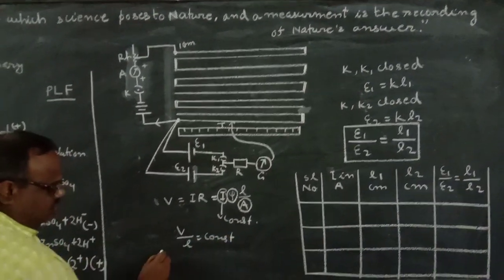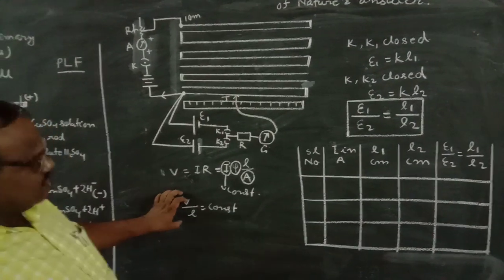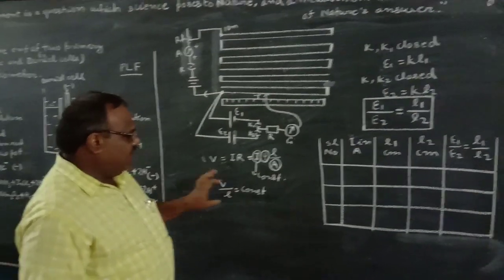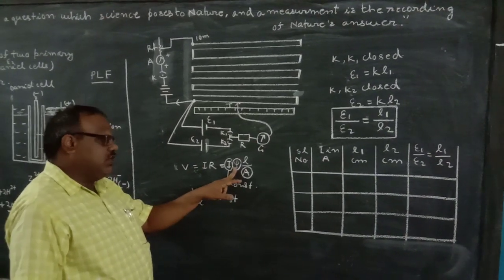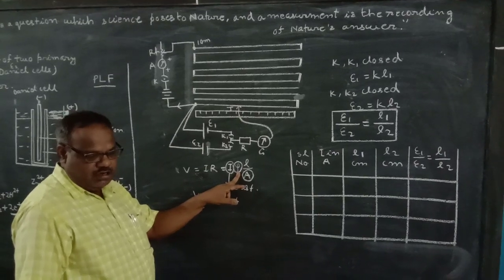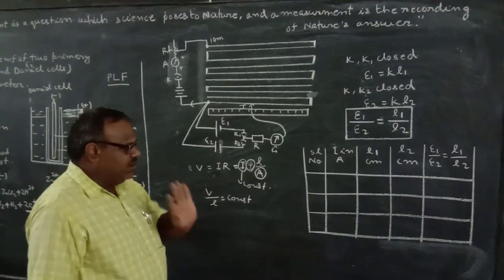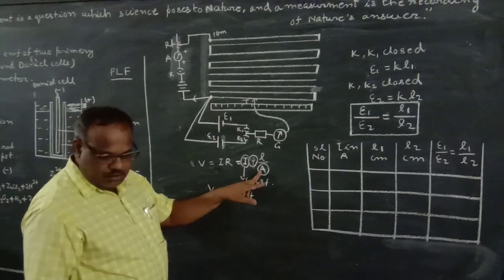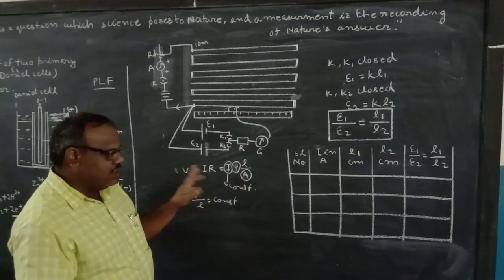That is, your potential gradient is constant. You know these things. And the wire we have taken has a high value of resistivity. So we are using constantan wire here, an alloy, because an alloy has more resistivity as compared to a pure metal. And uniform cross section, this is the thing we are taking.